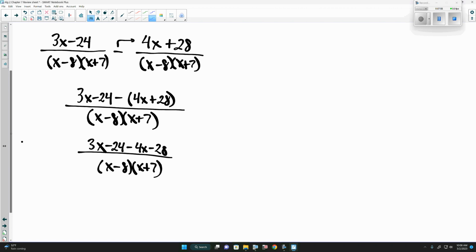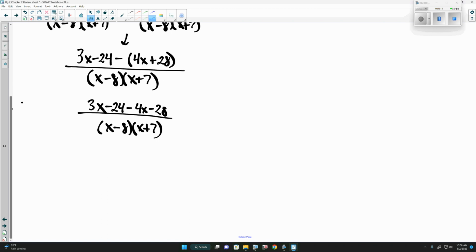If you feel comfortable, especially distributing that negative through, we don't necessarily have to write it with the parentheses. We could have just written it as 3x minus 24 minus 4x minus 28. Or we could do it with parentheses here and then distribute it through.